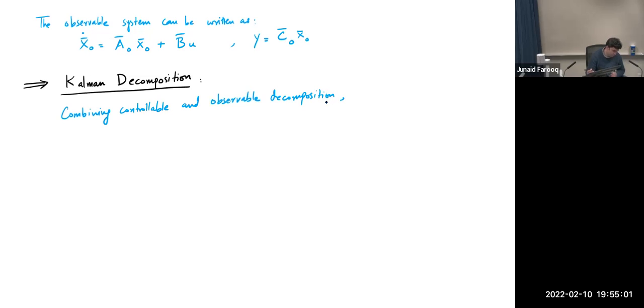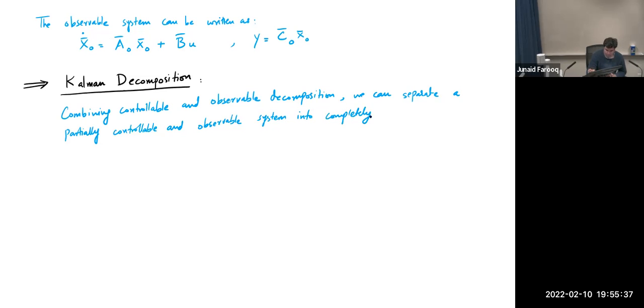So if you combine them, we can separate a partially controllable and observable system into completely controllable and observable systems.